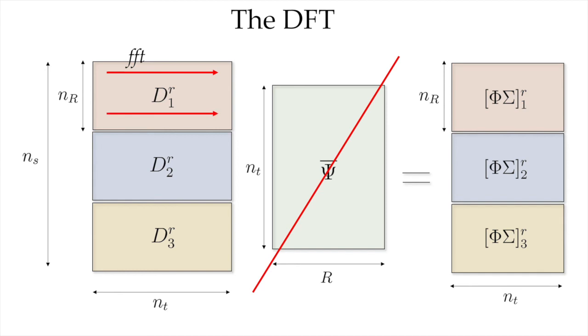The projection D times psi-f can be done using the popular FFT algorithm over the rows of D. On the other hand, the number of modes that will be computed will always be nt, even if we want to export only the first 5 modes. Moreover, after the projection, we do not have the sigmas, so we need to normalize each of the nt columns of the matrix phi sigma to compute them. This is why the DFT will always take a bit longer than the POD.